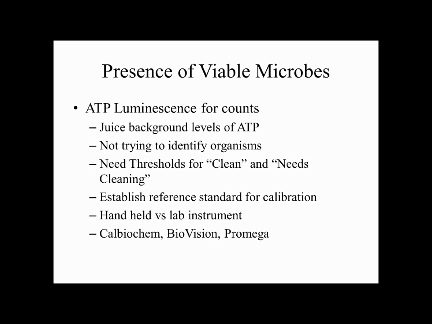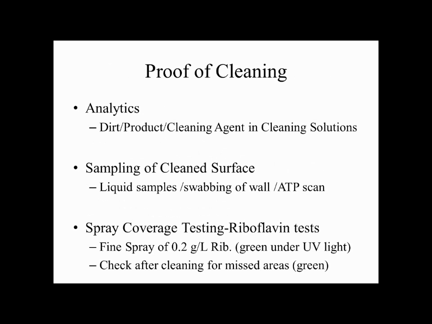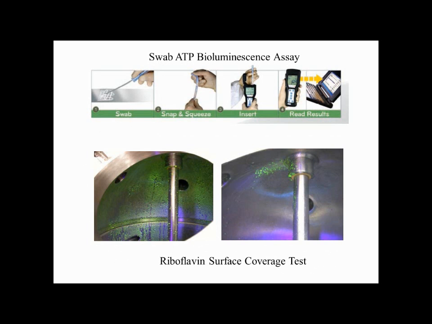So luminescence of ATP is useful in things like barrels where it wouldn't necessarily be a viable swab. There's a whole range of different chemistries, one of which is the riboflavin test, which on stainless tanks works pretty well. We spray with riboflavin and then expose to UV light, and what happens is you see this green solution that tells you that you didn't have much coverage.